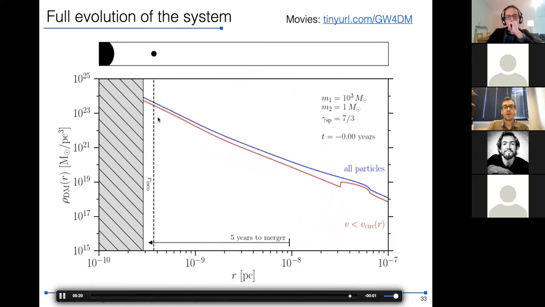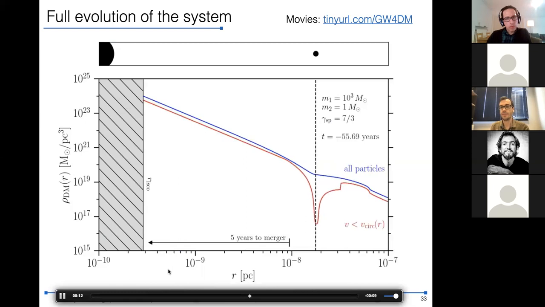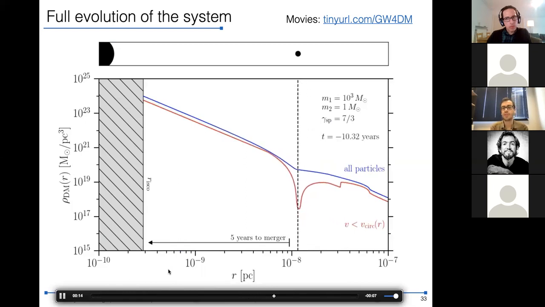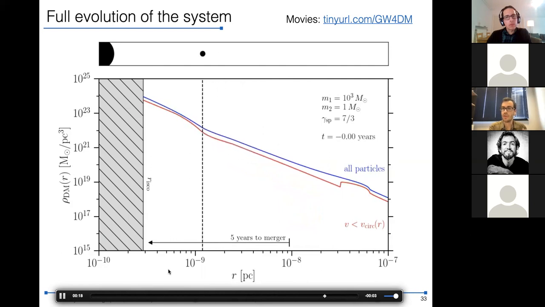Towards the end of the inspiral, it turns out that the gravitational wave emission dominates. And so this dynamical friction effect is not such a big deal anyway. But the most important thing to take from this is that the instantaneous density that the small black hole sees is much, much smaller than you would expect without this feedback, essentially, without the dynamics of the dark matter halo.